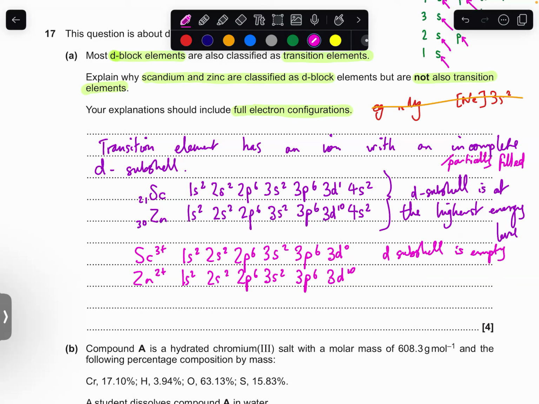And in zinc, the D subshell is completely full. Neither of these two are partial. Let me just highlight those. Empty and completely full. That's why scandium and zinc are not transition elements. Moving on.